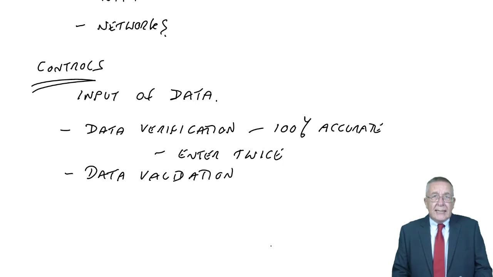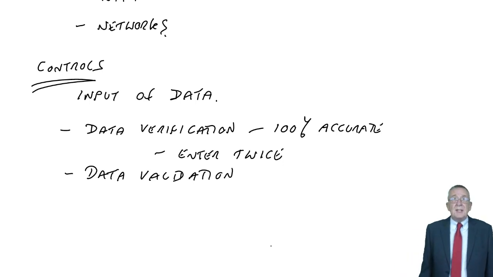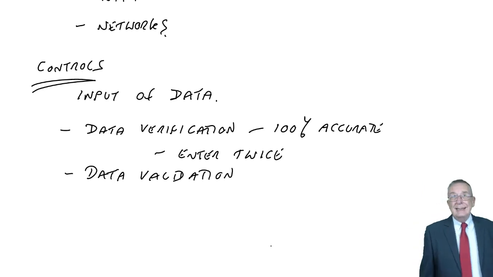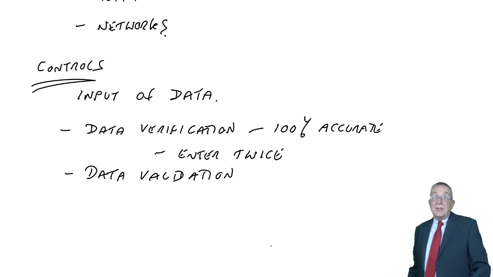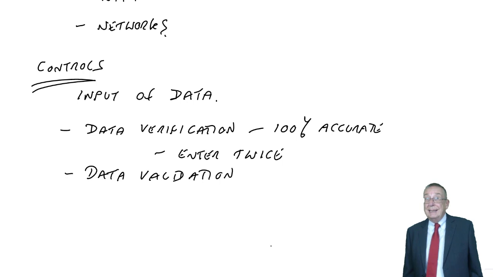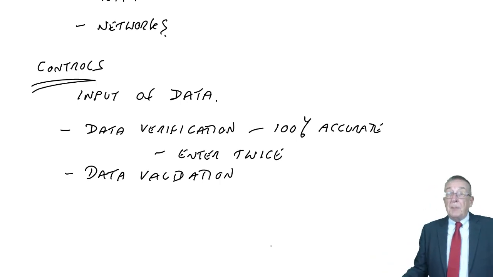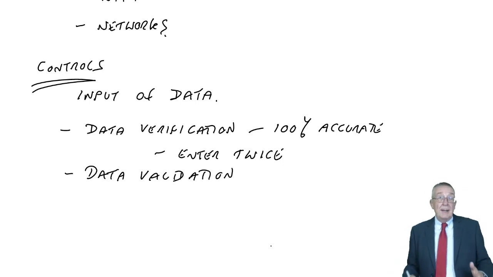If it is so vital that there are no mistakes at all, have one person enter the data and then have another person enter the same data, and the computer checks the two and makes sure both people have entered exactly the same thing.